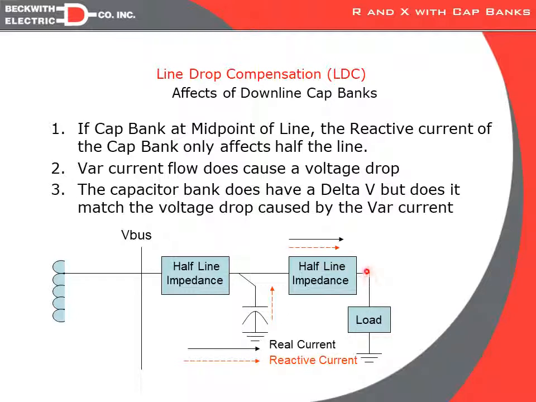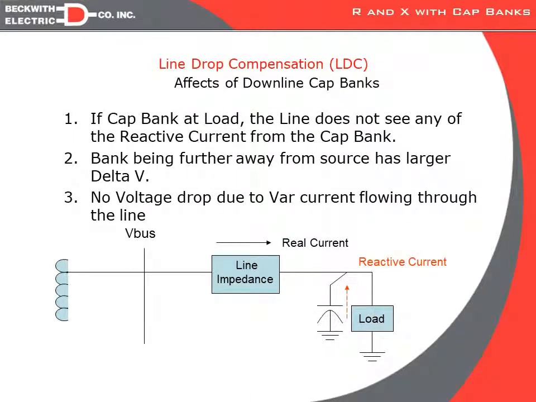Here at the end of the line the voltage may be fine because we're getting a reduction here that we did not anticipate, but we're also getting a rise here, and if the amount of rise is equivalent to the amount of drop due to the reactive current, it's a wash, and the voltage at the end of the line will probably be okay.